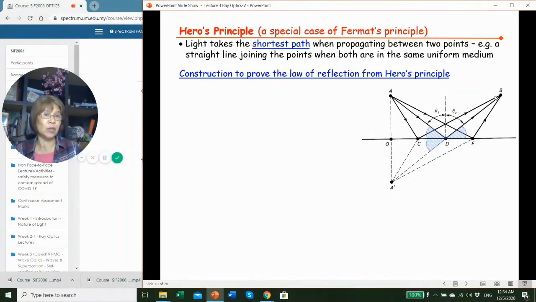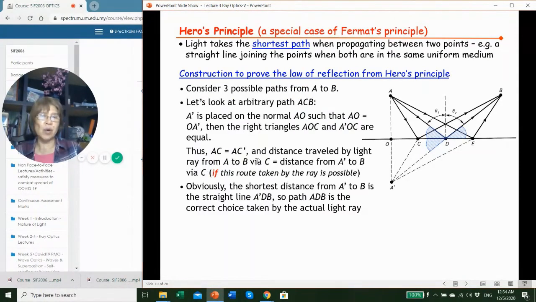Is that possible? We ask. Another point from A to E and reflects to B. So is that possible? So in order to construct that, we have already come up with 3 possible paths. Let's arbitrarily take this path ACB.